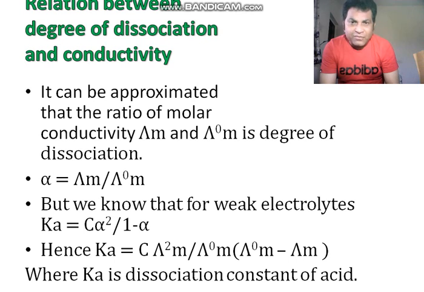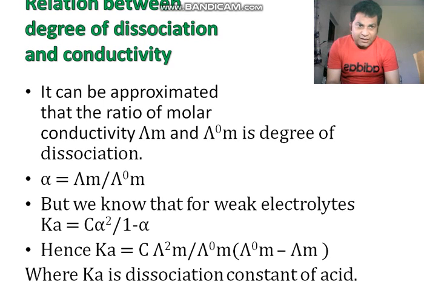And now we are going to find the relation between degree of dissociation and the conductivity. Dear students, it can be approximated that the ratio of molar conductivity lambda m and limiting molar conductivity lambda degree m is equal to the degree of dissociation.